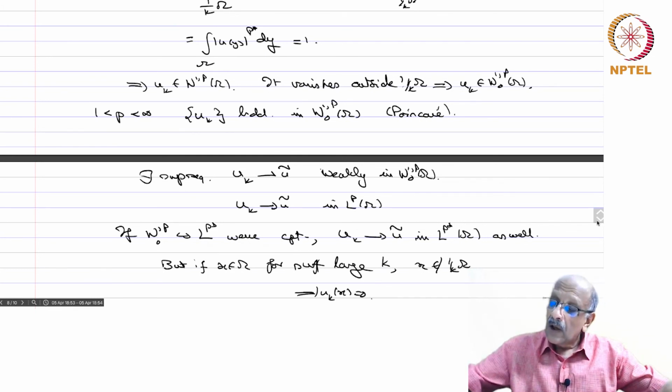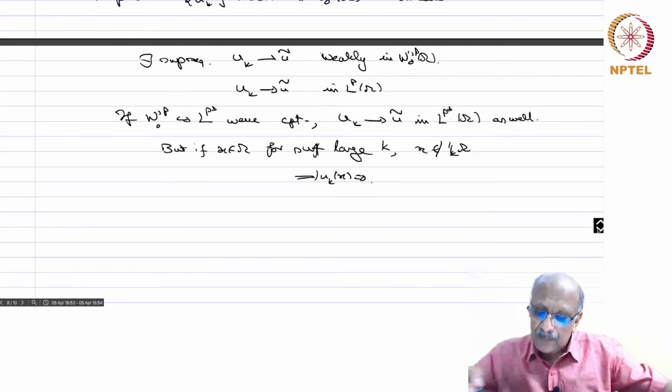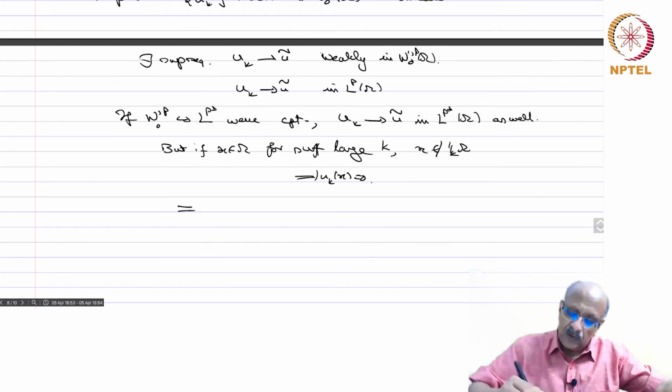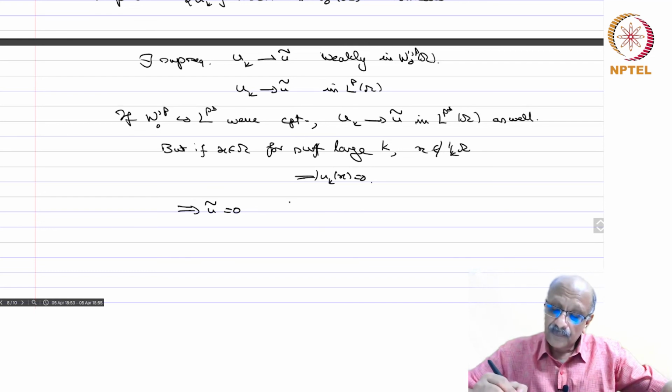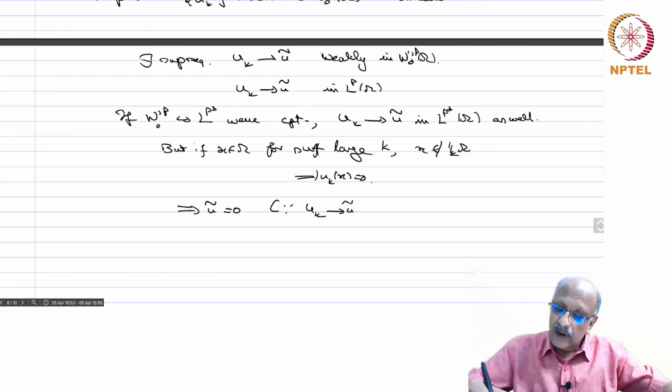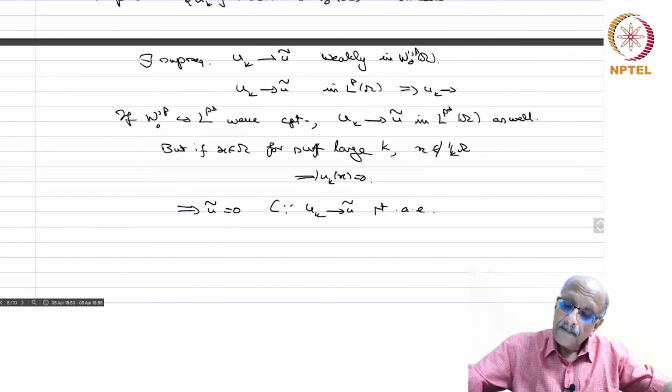So after some level, every u_k of x becomes 0, so this implies that u tilde equals 0, since u_k converges to u tilde pointwise almost everywhere, again for a subsequence.